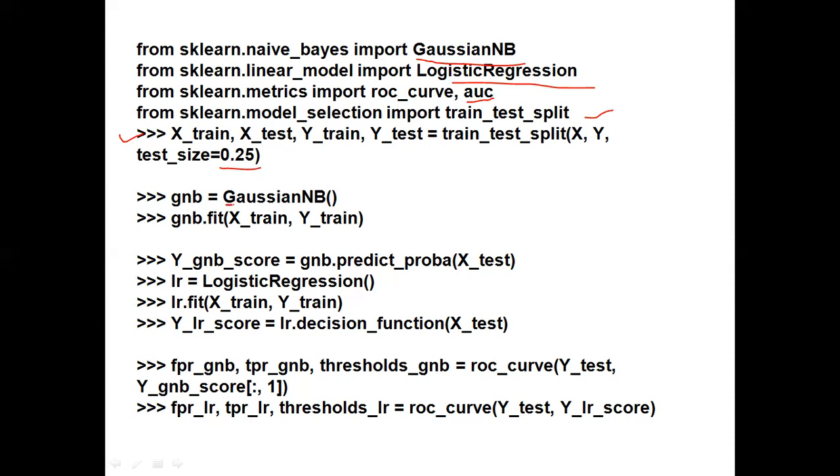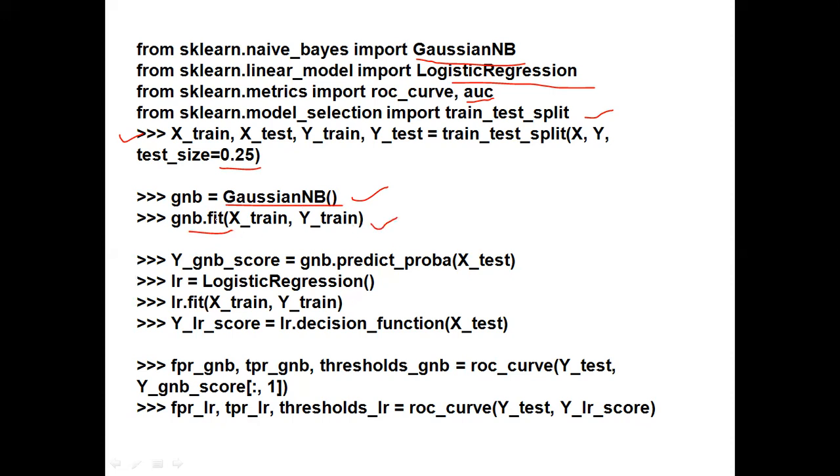Then here we are creating the object of the Gaussian Naive Bayes classifier. My code is gnb, the name of my object, equal to GaussianNB. Once you have created the object of this Gaussian Naive Bayes, you can train the model using the fit function. So gnb.fit(X_train, y_train) will train the model.